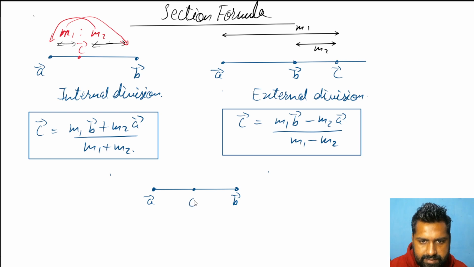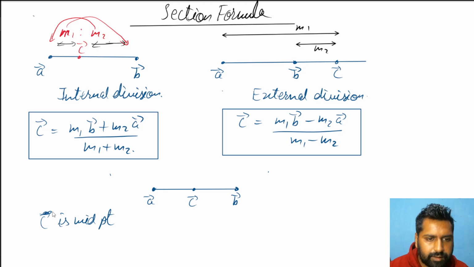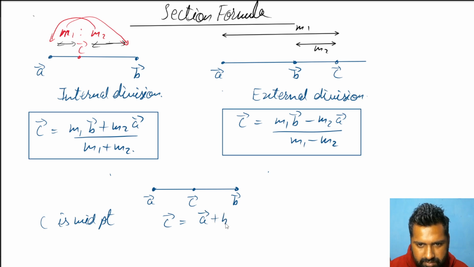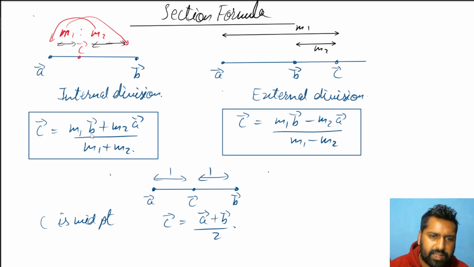Let's say this is C. C vector is the midpoint. Let's forget about the vector for a moment. What was the midpoint formula? x1 plus x2 by 2. So it is like this, A plus B vector divided by 2. Basically the idea is that the ratio is internal ratio 1:1. So if you put M1 and M2 as 1:1, you'll get this same formula.